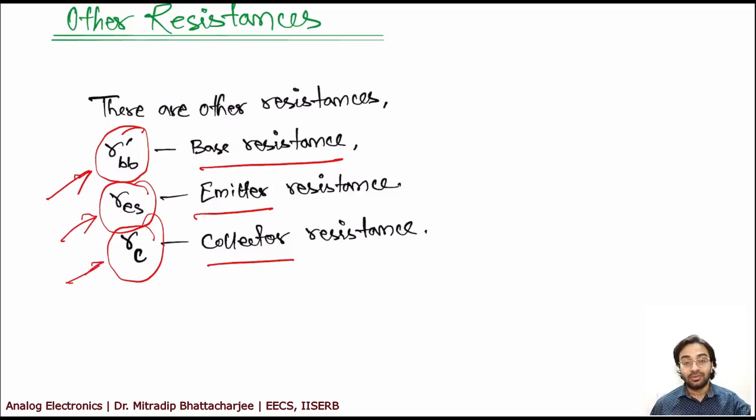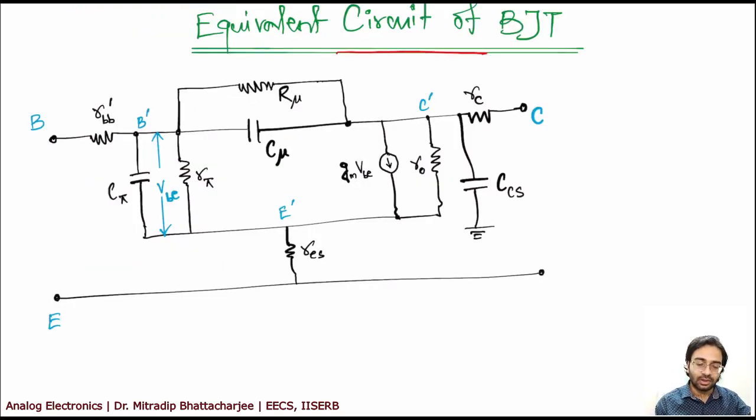Now if you include all of them, these resistances and the capacitances we have calculated previously, we will get the equivalent circuit of the BJT, which looks like this, wherein this is B dash, E dash and C dash, the internal terminals.